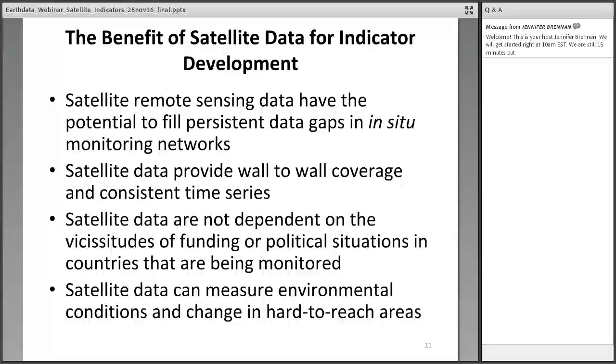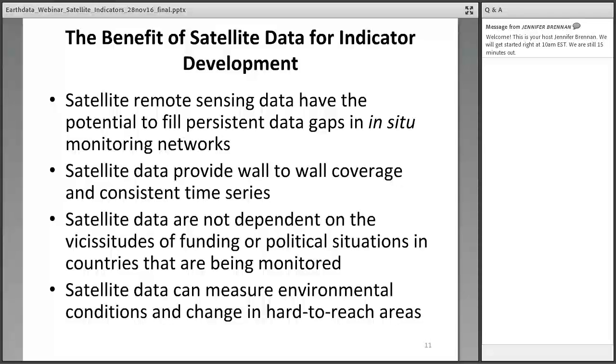So one of the benefits of satellite data is that they can fill the gaps that we have in situ monitoring networks. These are the ground-based monitoring networks for a whole host of things like air and water quality. Satellite data provide wall-to-wall coverage and consistent time series. Satellite data are not dependent on the vicissitudes of funding or political situations in countries that are being monitored.